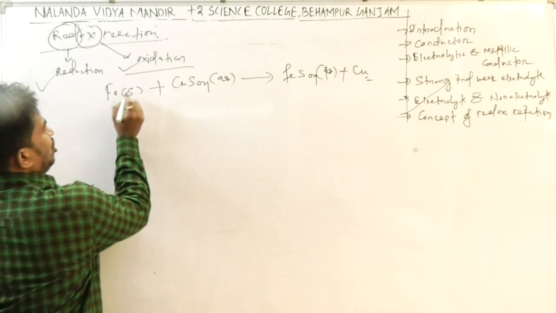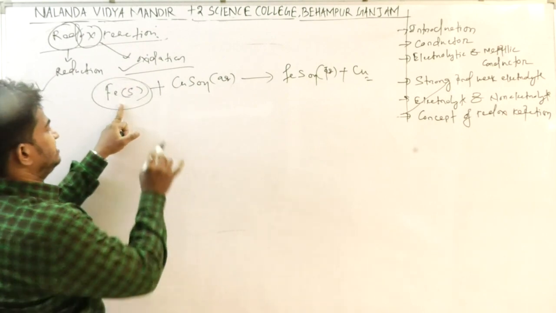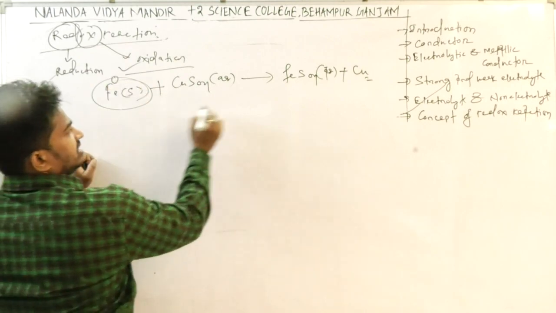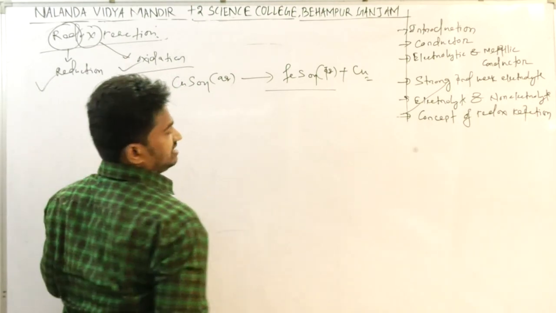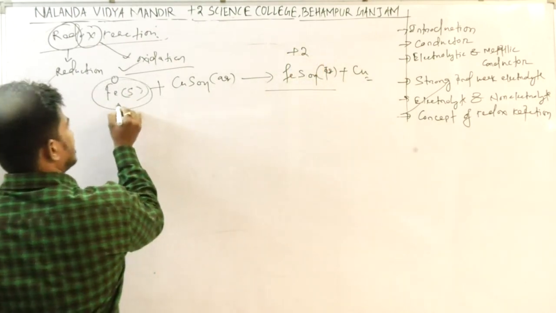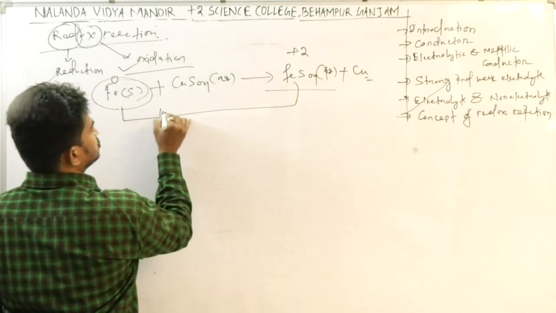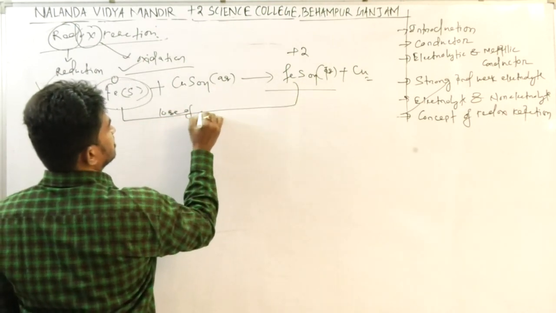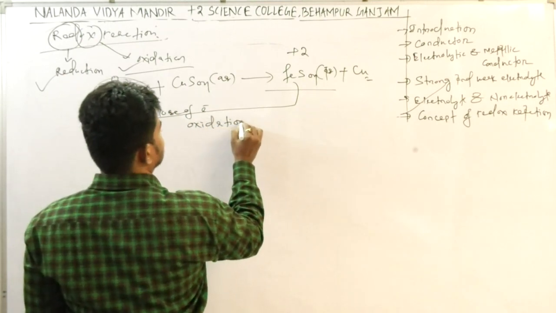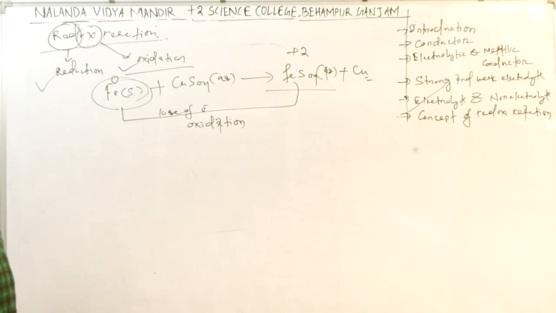Here, in oxidation, the iron present in the free state has charge 0, and the iron in ferrous sulfate has charge +2. So 0 to +2 means loss of electrons, that is oxidation.